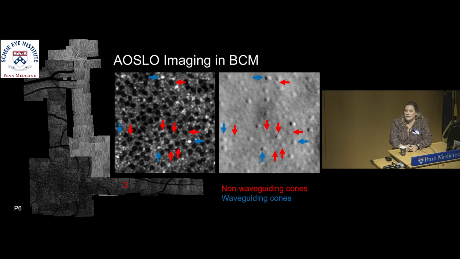If you look between the red arrows of the confocal image on the left compared to the split detection image, you'll see that each of those dark gaps also corresponds with a cone inner segment. In addition, however, there are other inner segments visible in that split detection image that correspond with wave-guiding cells. Those are demarcated by the blue arrows in this image. In addition, we can visualize the wave-guiding rods in the blue cone monochromat, and those locations are now shown by the yellow arrows.